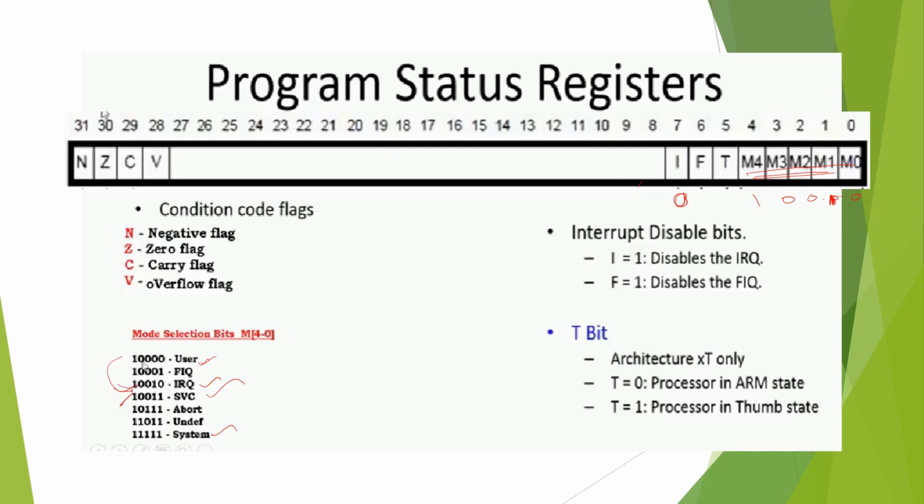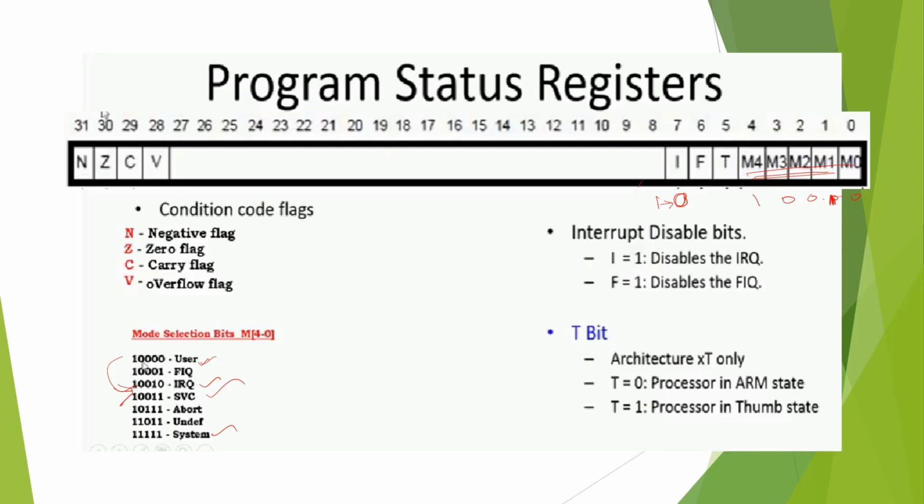So while shifting, it has to convert this 1 to 0, and the mode bits become 10010 for interrupt. So in this way, this CPSR register will maintain the value. Okay. So the maintained value will also be transferred to the saved status register.